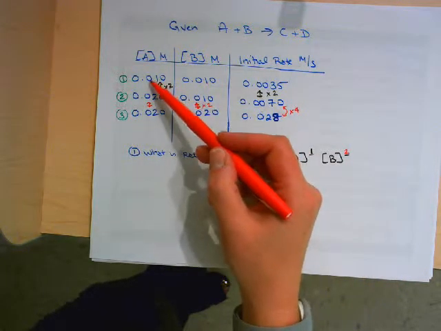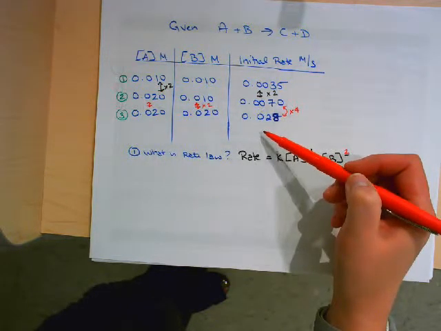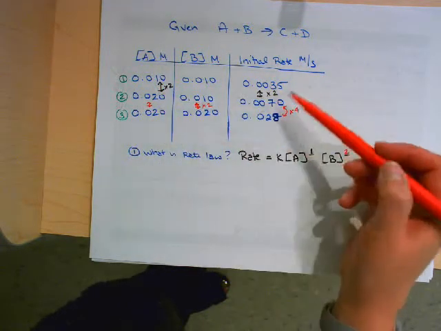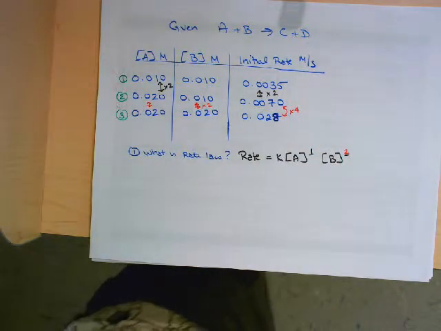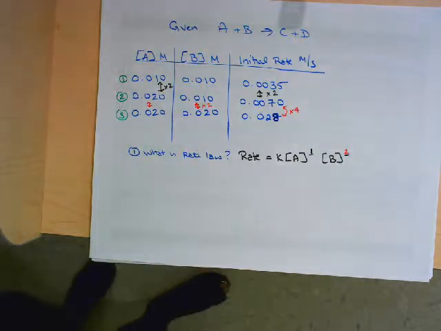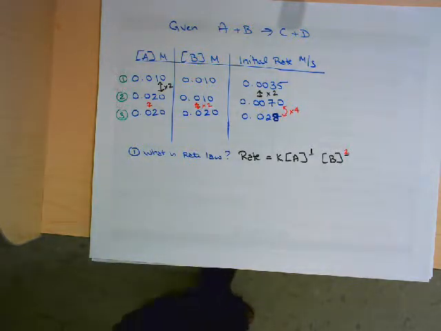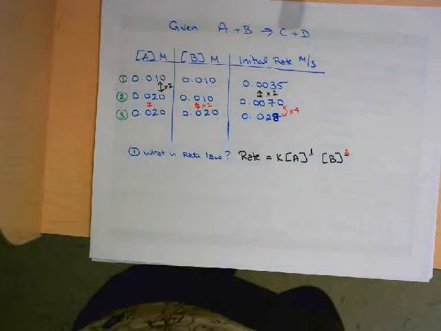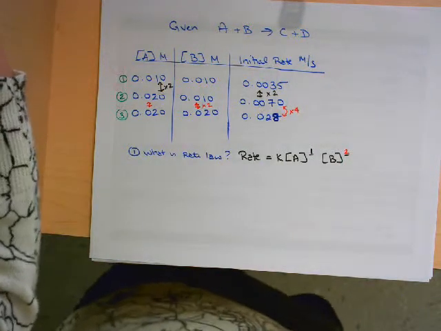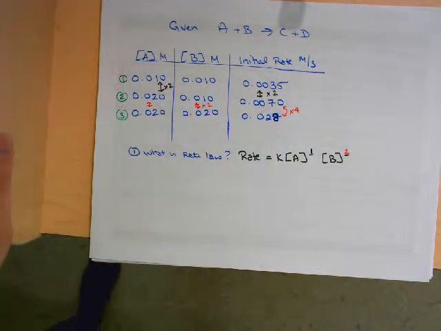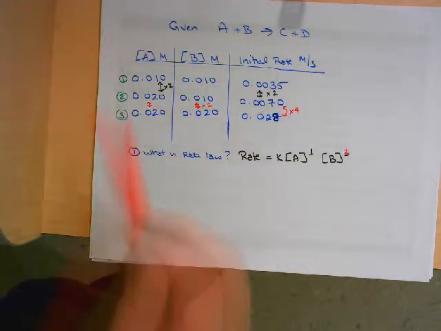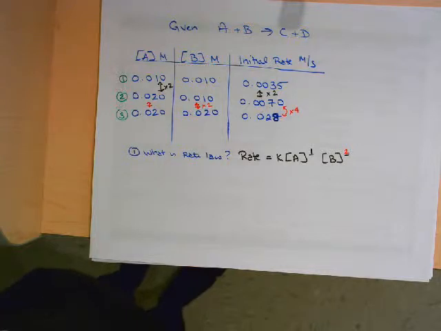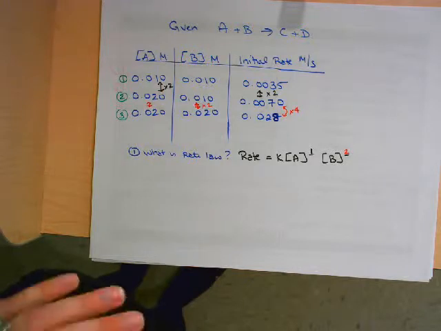You have to see how changing the concentration of A had an effect on the rate. And if you didn't change the concentration, you can't make that jump. You would do another experiment because you collected bad data. It's always going to be obvious. I'm always going to have 3 experiments, 2 of which will change for one, 2 of which will change for the other. And then it'll be fairly straightforward.